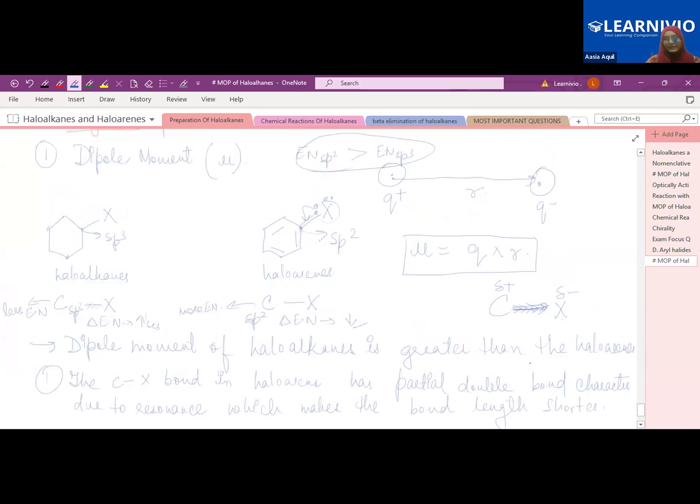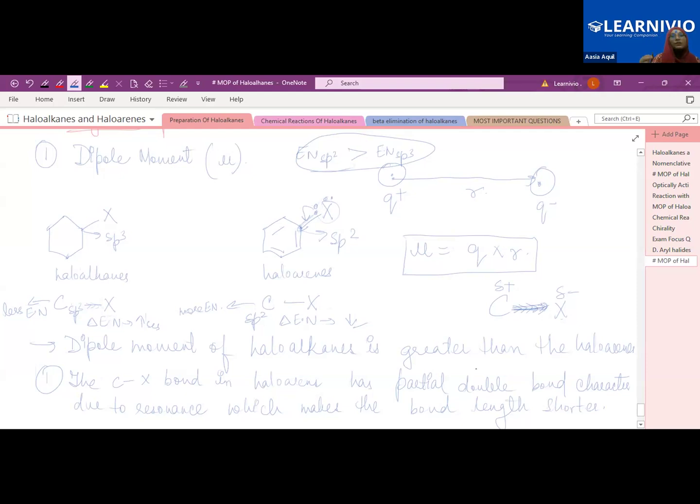Let's understand this. In the haloarenes, this carbon and X bond has a partial double bond character, which is very difficult to break because there will be a very strong bond between the carbon and the halogen. If the bond is very strong, the distance between the two charges, this carbon having a positive charge and the halogen a negative charge, will be less.